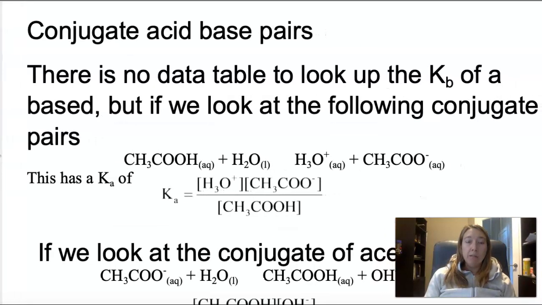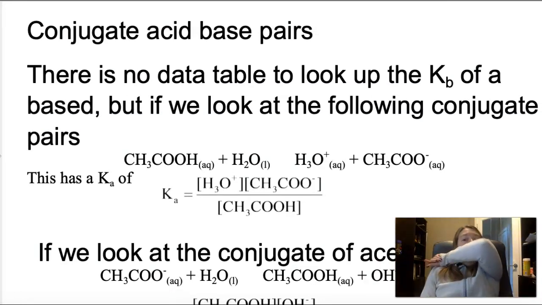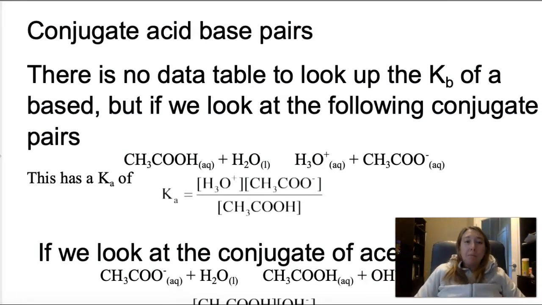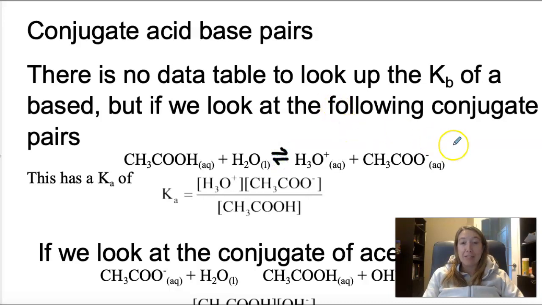So if we go back and revisit what conjugate pairs are.